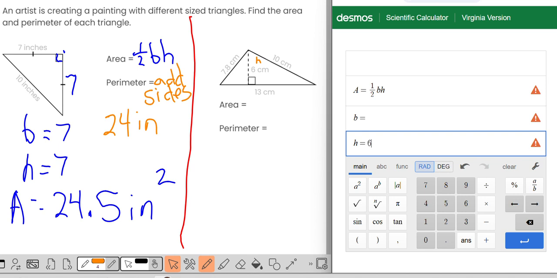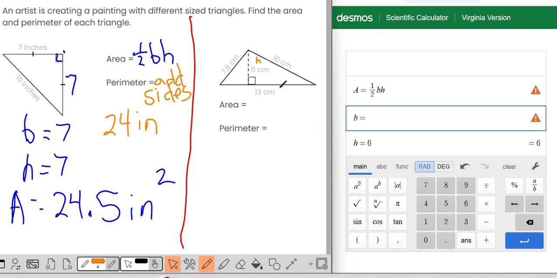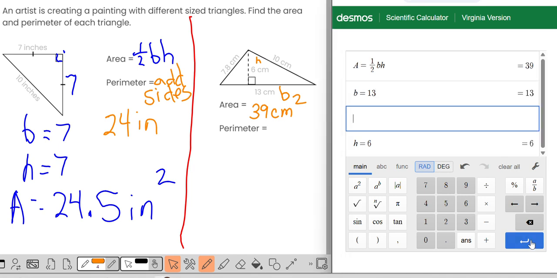So let's type that in first. Then we'll go to our base. Your base is wherever this lands. So it's right down here at the bottom. That 13 is your base. And that gives you an area of 39 centimeters squared. You always want to have that squared, all right?